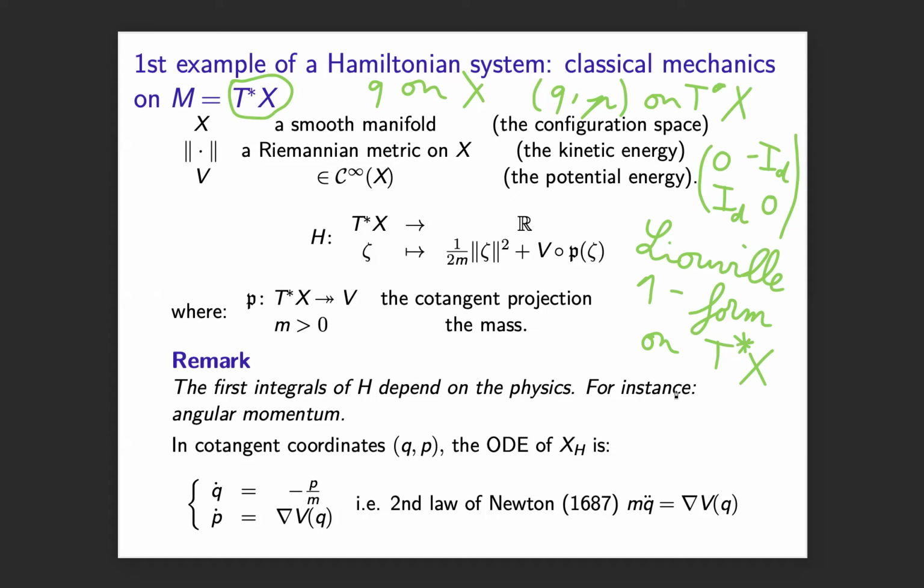And then out of this Liouville one form, you can construct the canonical symplectic form on T star X. You can look at it and ask questions at the next lecture if you have some.